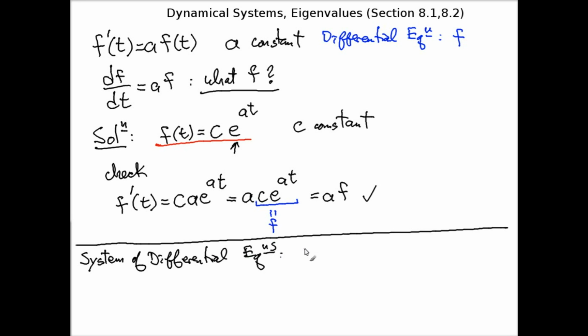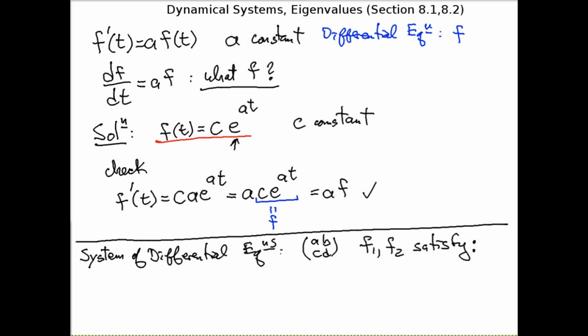A typical thing is you give me a 2x2 matrix a, b, c, d, and what we're looking for is a pair of functions, f1 and f2, which are supposed to satisfy a pair of differential equations. f1 prime is a times f1, but I'm going to ask that it also involve f2.